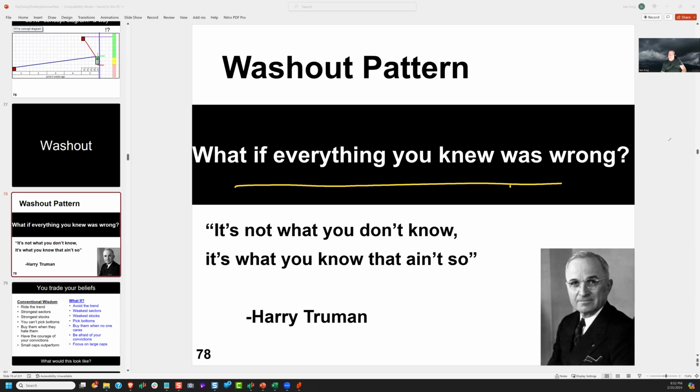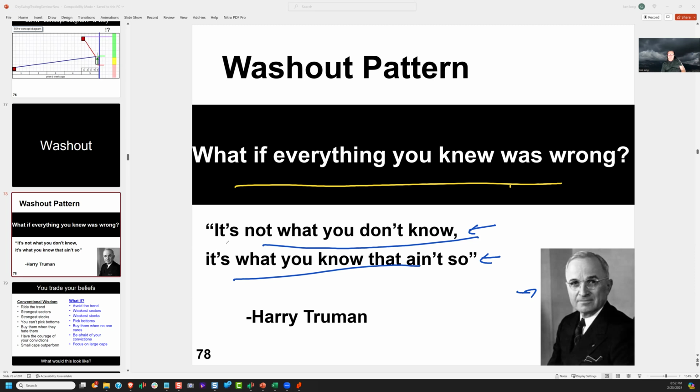And I remember President Harry Truman's comment, that's Harry Truman. It's not what you don't know, it's what you know that ain't so, which he borrowed from Mark Twain in one form.